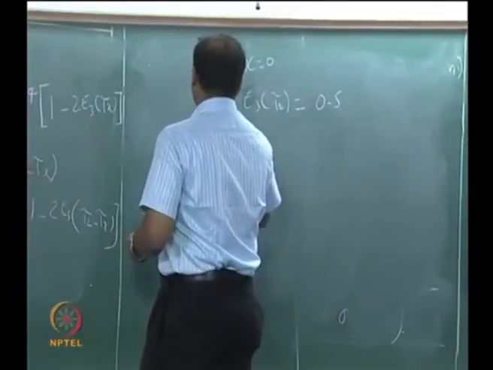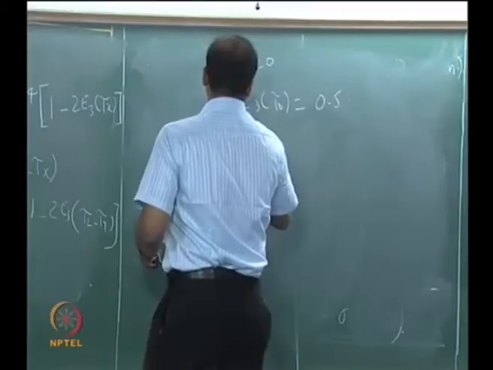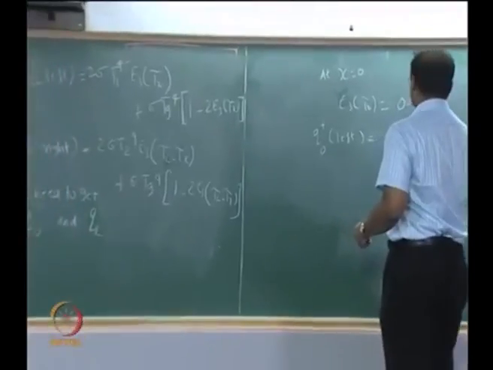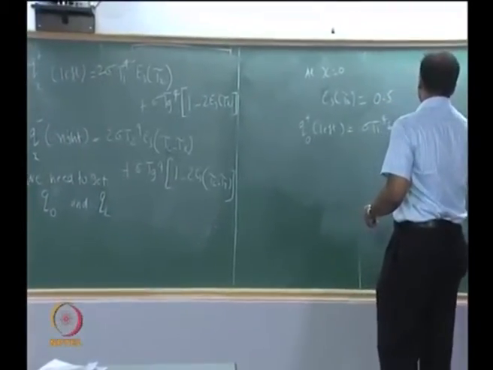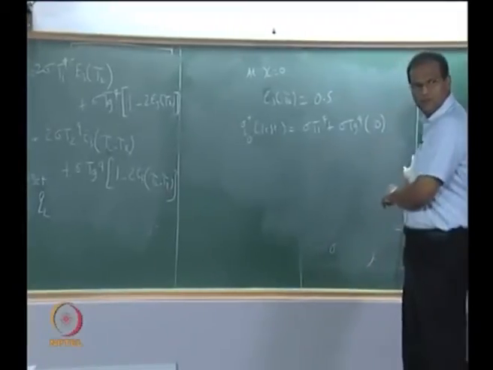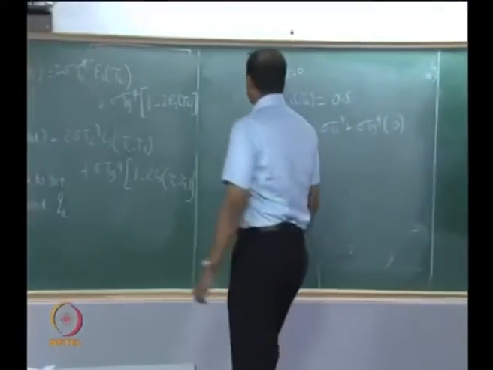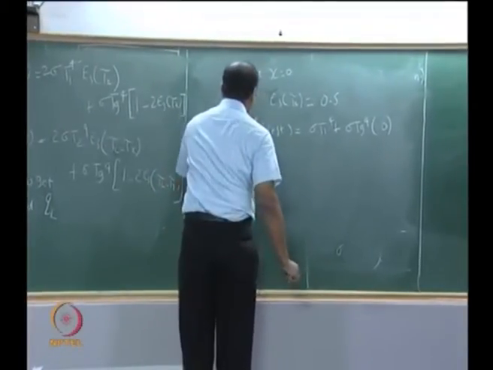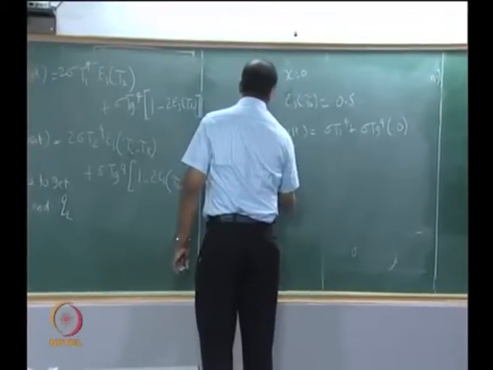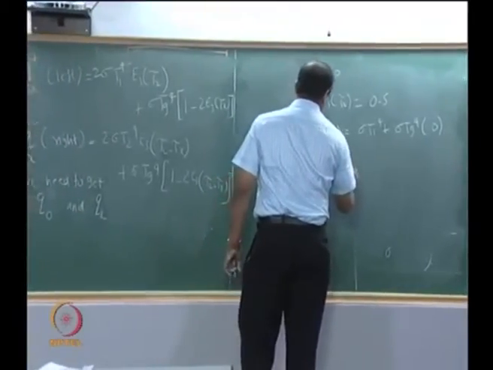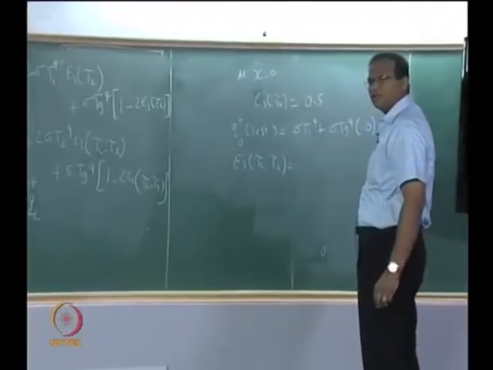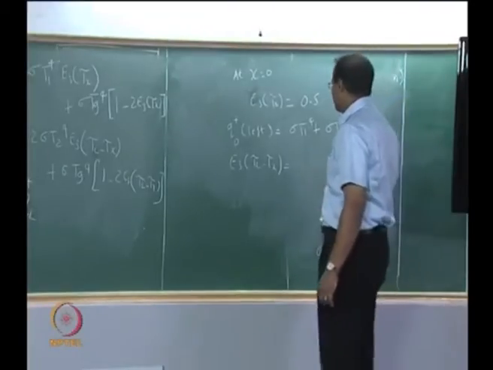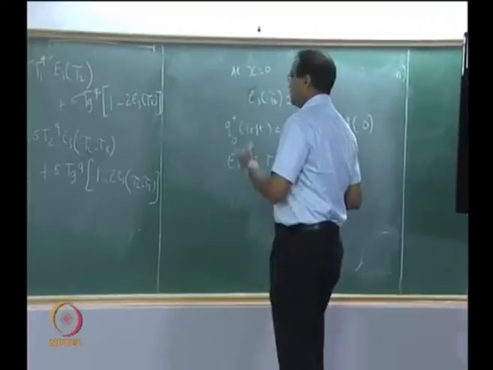Therefore, into 0, all right. E3 of tau L minus tau x is E3 of tau L minus E3 of tau x, that is correct. Okay, what is this? 0.12.